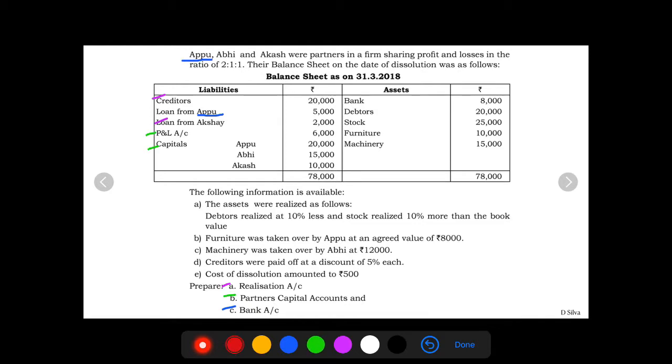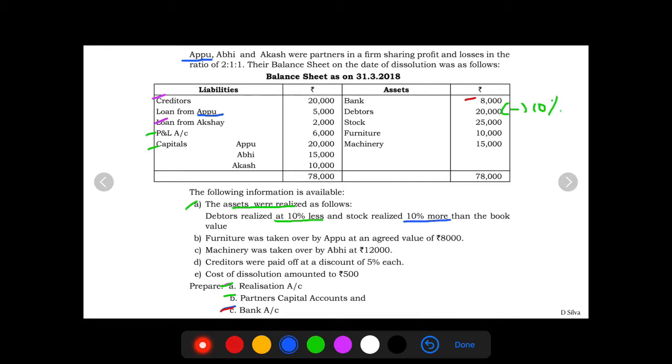On the asset side, the first item being bank balance, which will reflect in bank account. The rest of the assets will be shown in the book value in realization account. Likewise, we have additional information given in the question. Point number A speaks about assets which are being realized, which will reflect in realization account. Over here, debtors realized at 10% less. So when they have given the term less, you need to reduce 10%.